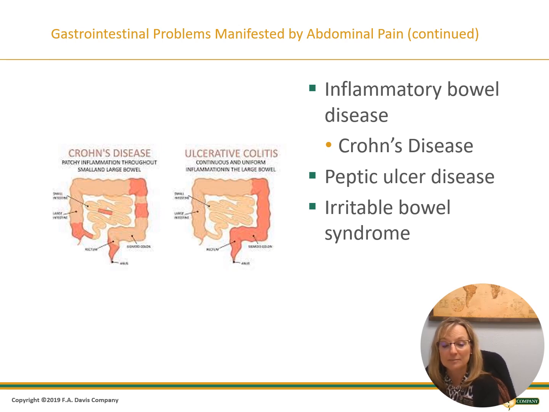Contrary to popular belief, stress and spicy foods do not cause peptic ulcers, but they can make them worse. So you do need to educate the caregiver and the patient on stress reduction techniques and the importance of doing that, and avoiding those spicy foods as well.